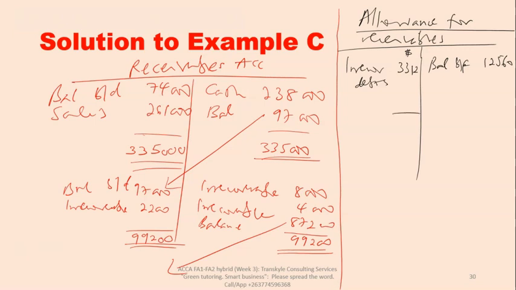We just have to balance up 12,560. So this is the side that needs the balance, 9,248.